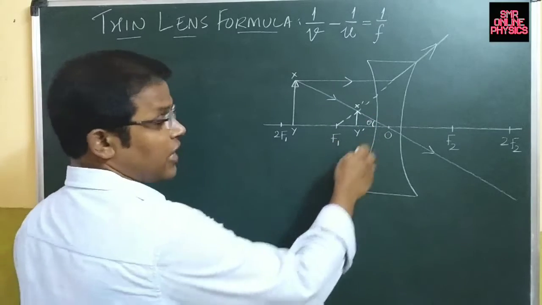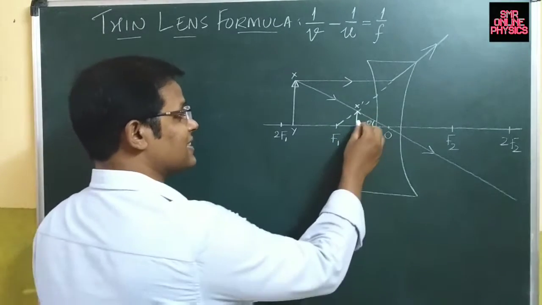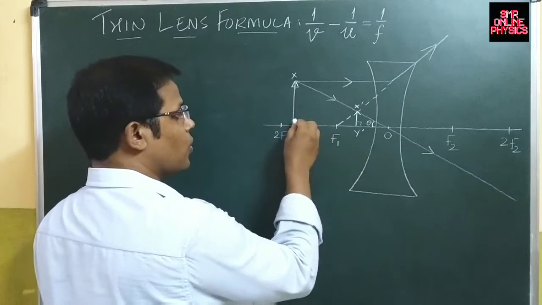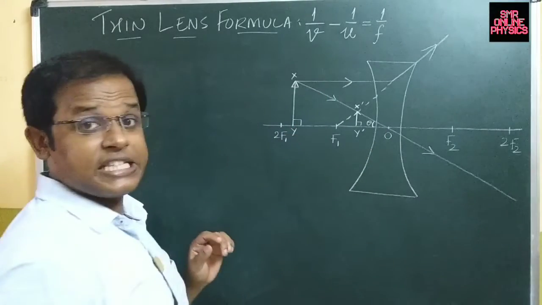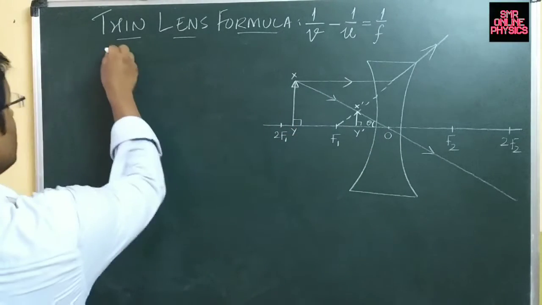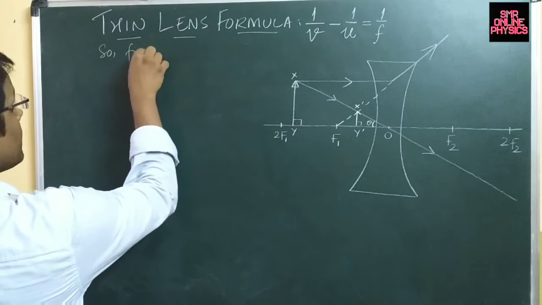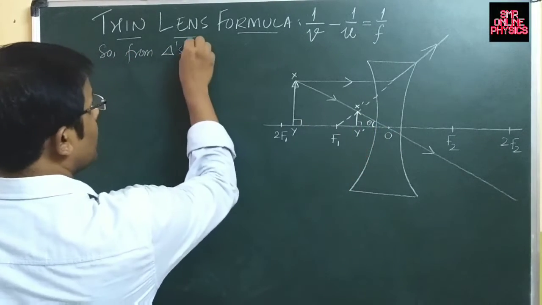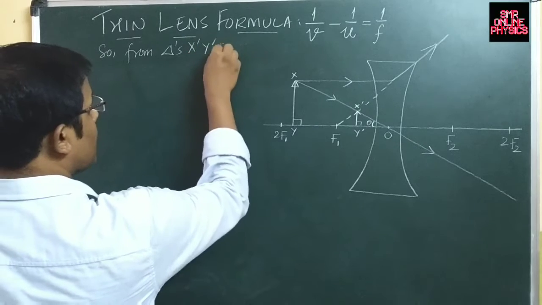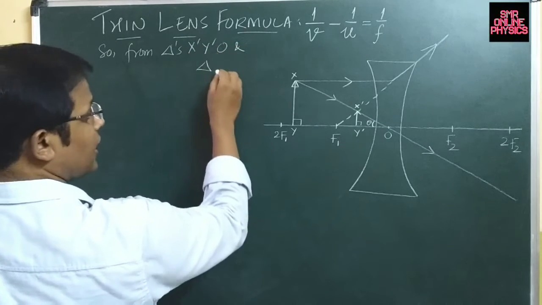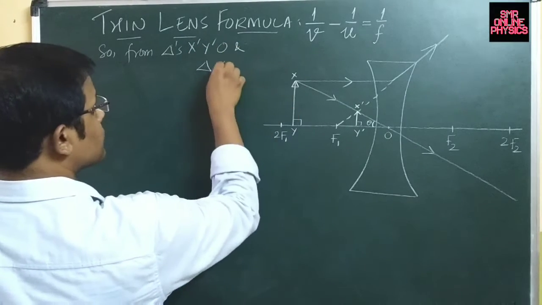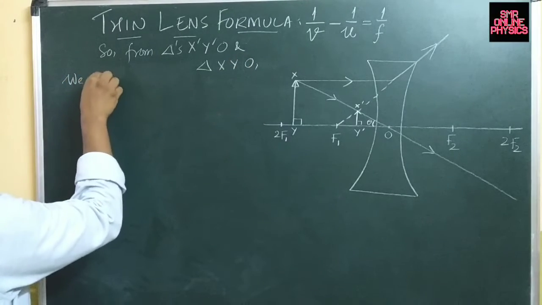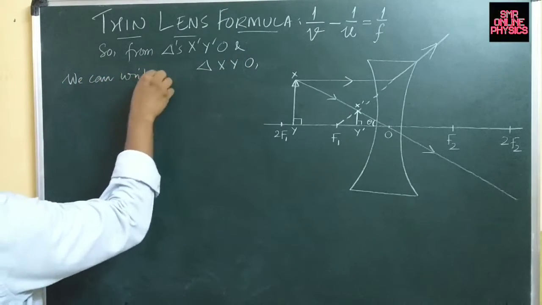So these two tiny triangles, as you can see, x prime, y prime, O, and x, y, O, are very, very similar triangles. So from the triangle x prime, y prime, O, and the triangle x, y, O, what can we write, my dear?